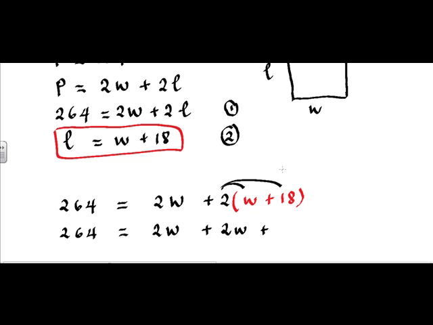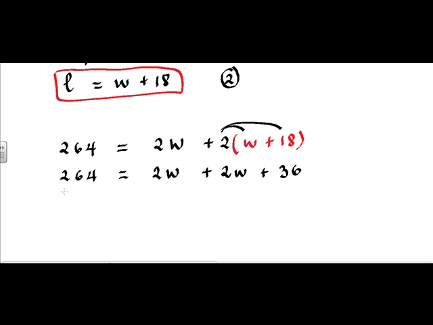So 2 times 18 is 36. So now continue simplifying. 2W plus 2W is 4W plus 36. To solve for W, we subtract 36 from both sides.